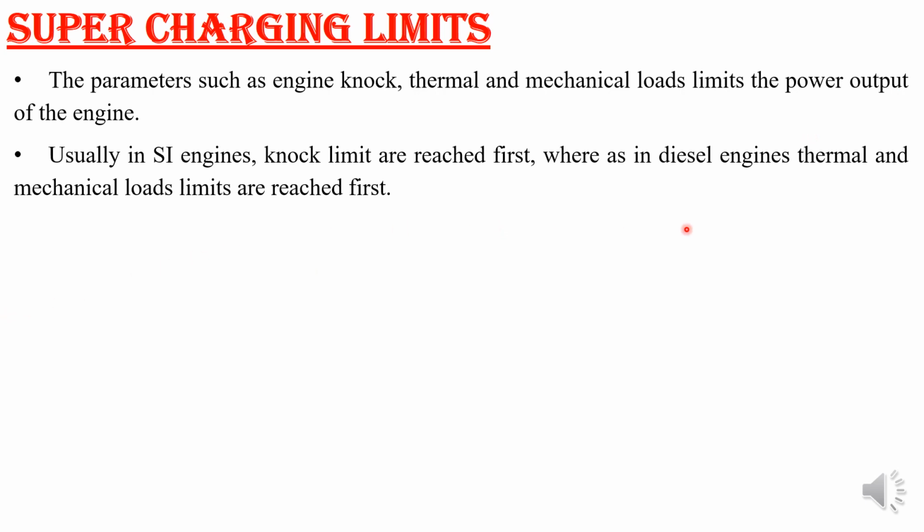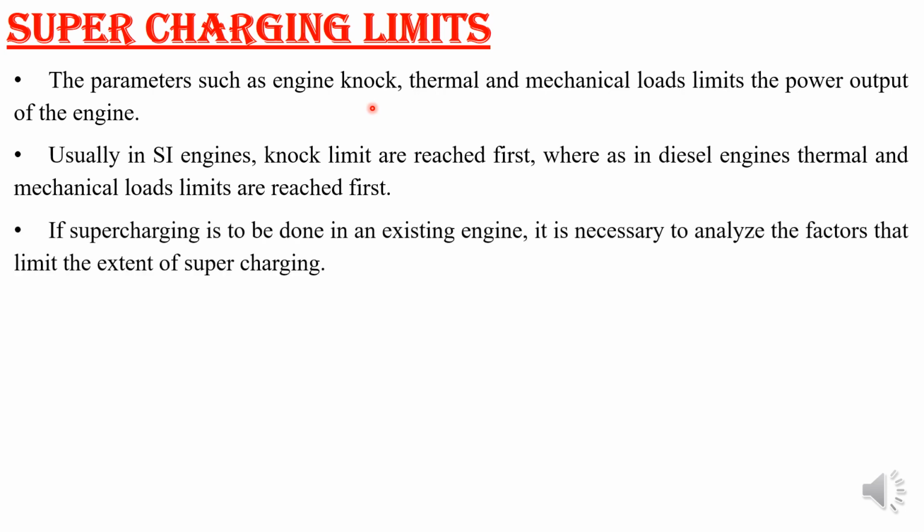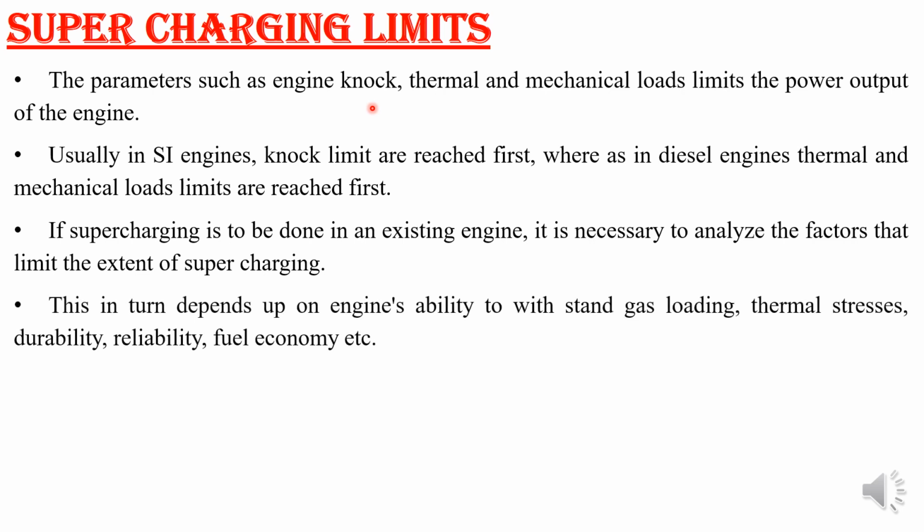Usually, one of these limits is reached earlier than the others, depending upon the type of engine, the design of the structure, the cooling arrangement, etc. For a spark ignition engine, the knock limit is usually reached first, whereas in a diesel engine thermal loads are reached first. That we have to take.